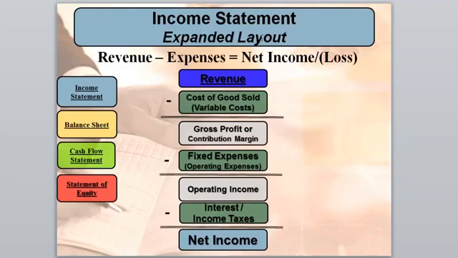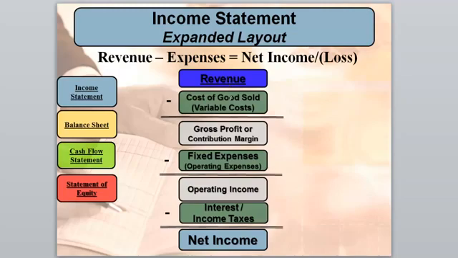The income statement layout is basically your revenue minus expenses. Now, what that means is revenue is all the money that a company or an organization brings in, less expenses they incurred to arrive at net income. Now, the income statement may be broken out a little bit more, expanded. An expanded version starts out with revenue, and then it may list costs of goods sold.